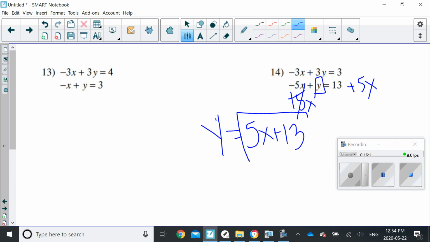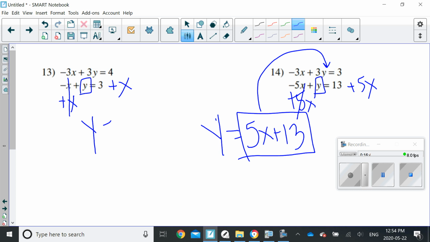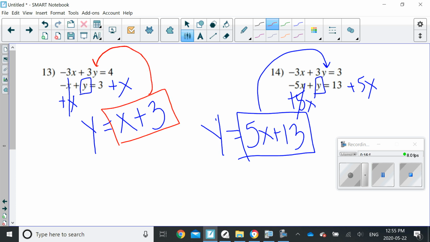And you would plug this, once you solve for y, into the other system. If you had this question on your test, you could solve for x or you could solve for y. The choice is yours. You solve for y, and you would get x plus 3. That's what y is equal to. And that would always go into the other system.